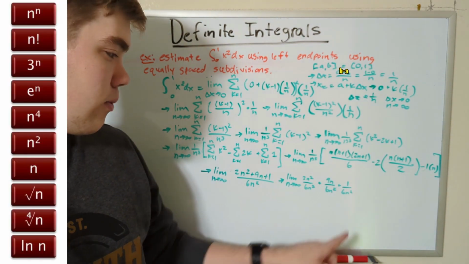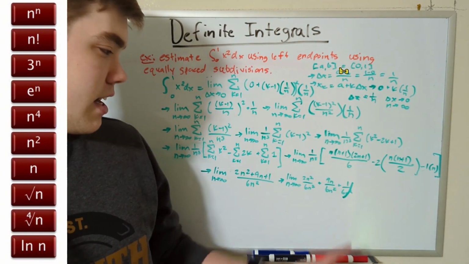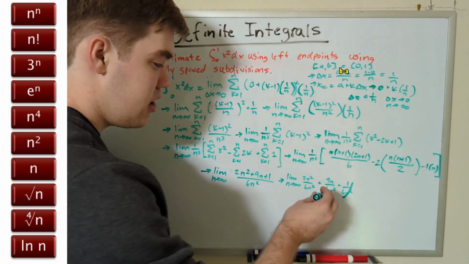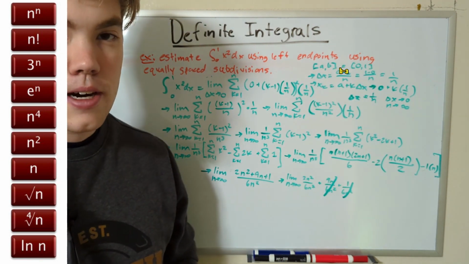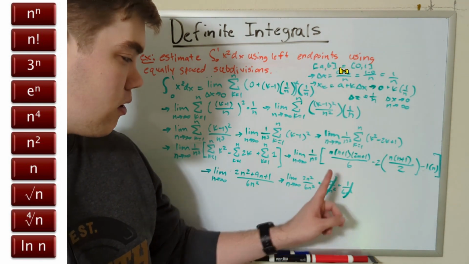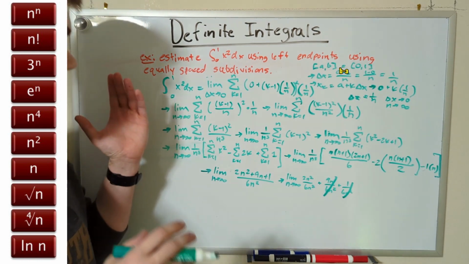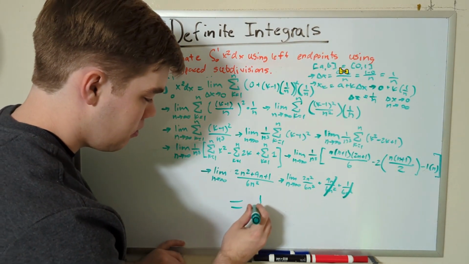Now, via the tower of power, we know that a constant divided by infinity is going to be 0. We also know that a lower power, such as n over n squared, is also going to divide to basically equal 0. The only one we're going to be concerned about here is 2n squared over 6n squared. Since n squared and n squared are of the same power, we can just take their coefficients, and that's what this fraction will equal. So the area under 0 to 1 of x squared dx is just equal to 1/3.